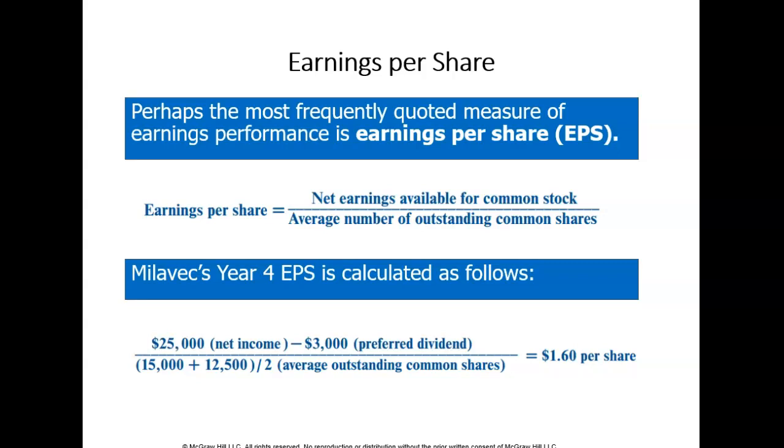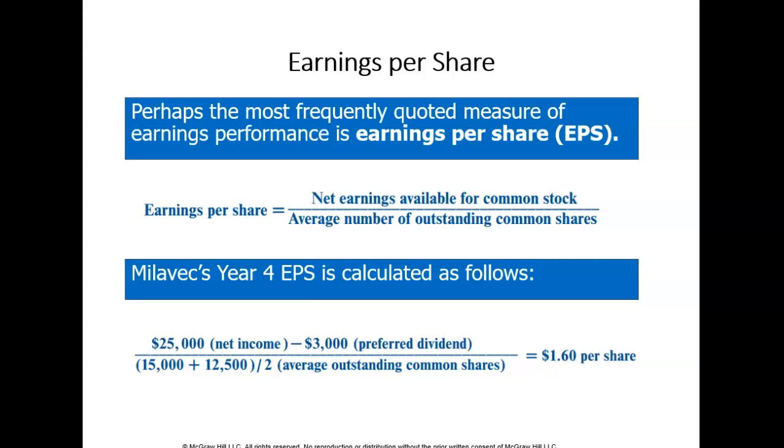Well, remember, when you are a shareholder of a corporation, you are part owner. This is showing on paper your portion of the profit that was earned by the actual business. So for every 1 share you own of this company, your earnings was $1.60 per share.